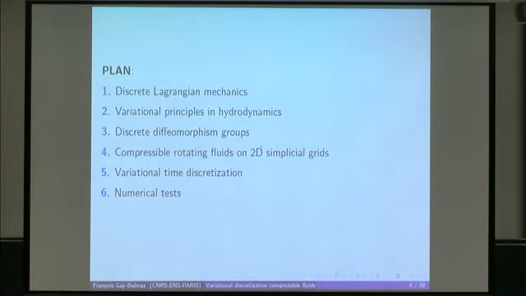This is the main step: the discretization of the configuration space of compressible fluid dynamics, preserving the geometric properties, here the Lie group properties of this configuration space. Then I will proceed further with more particular aspects.